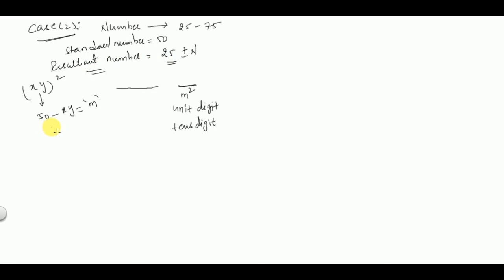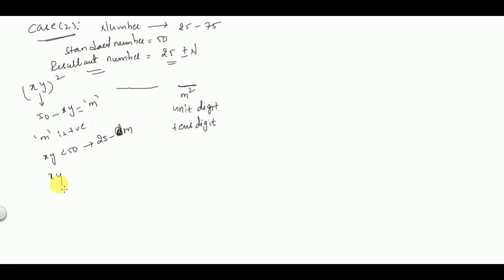If m is positive, that is the number xy is less than 50, then take the equation as 25 minus m.